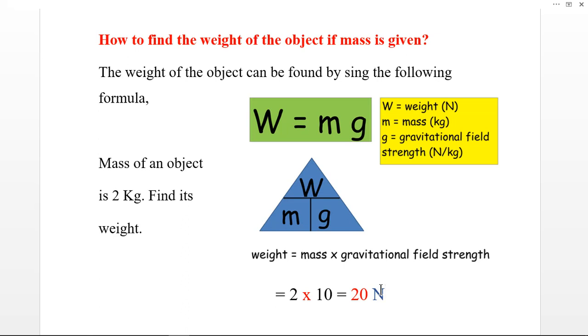So if you take 10, it will equal 20. So if the mass of any object is given, you can find its weight. For example, here if the mass is 2 kg, its weight will be 20 Newton. I hope it is quite clear now.